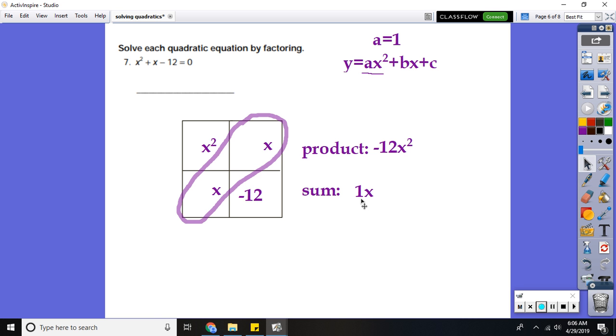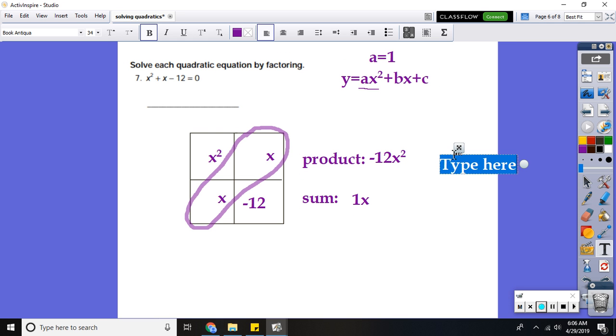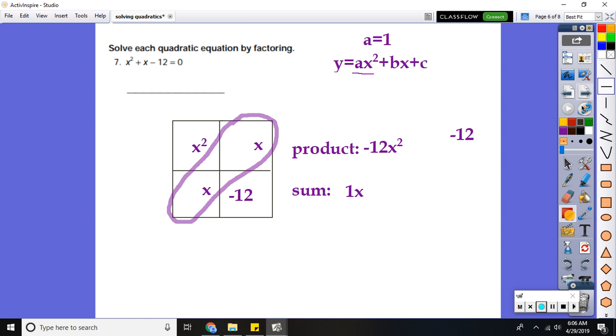Really, all I'm looking for, the puzzle part, is trying to figure out what the numbers are. So the easiest way to approach this is to think of factors of your product, so negative 12, that add to your sum of 1. I'm going to make a list of the factors of negative 12. There are several.